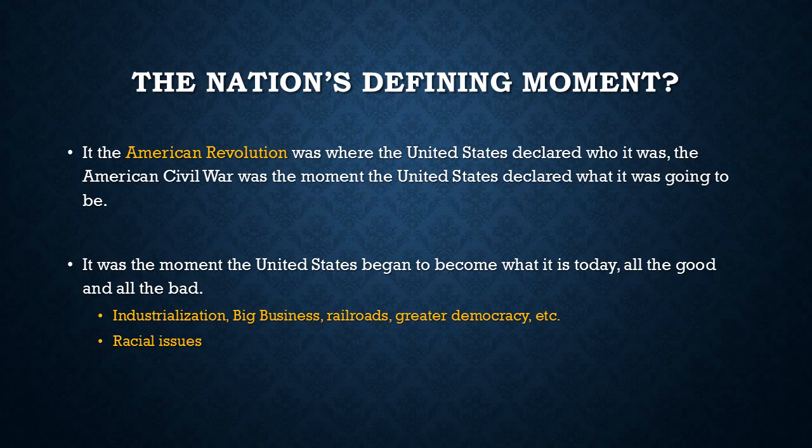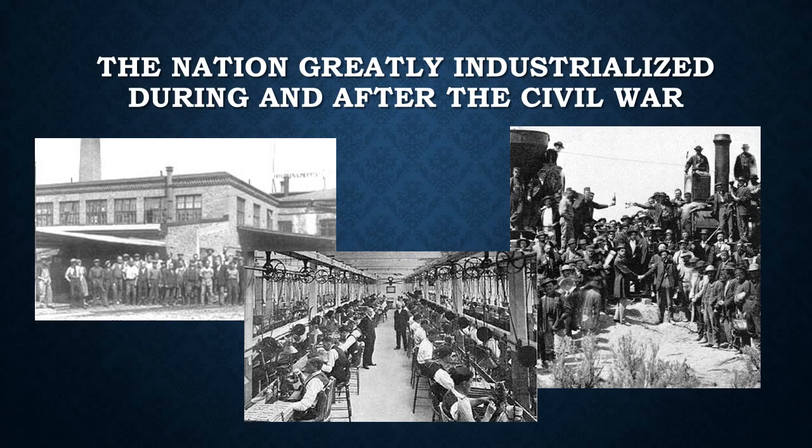But all the bad things, too, that characterize this nation are a direct result of the American Civil War. But in terms of the good, the nation greatly industrialized during and after the American Civil War. This was the rise of industry in not only the North, this is the birth of the Second Industrial Revolution. It was the birth of the Transcontinental Railroad. All these things were brought about because of the Civil War.